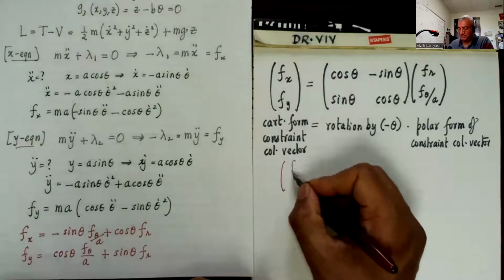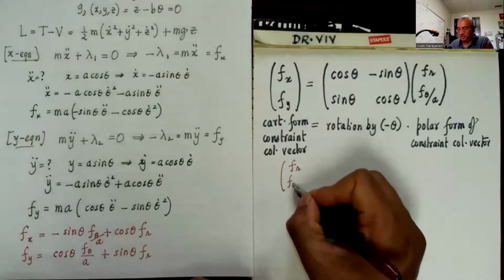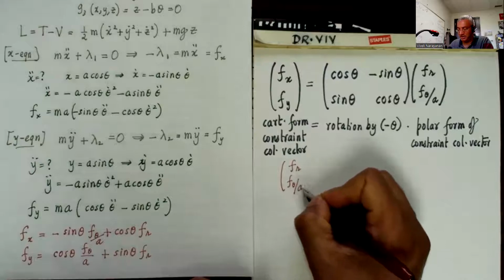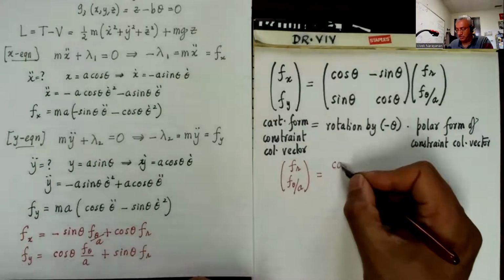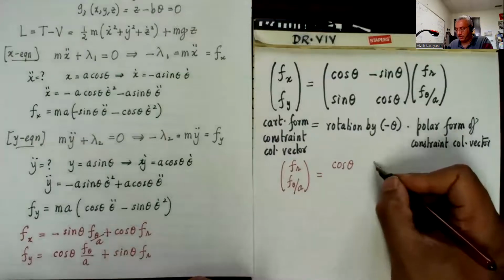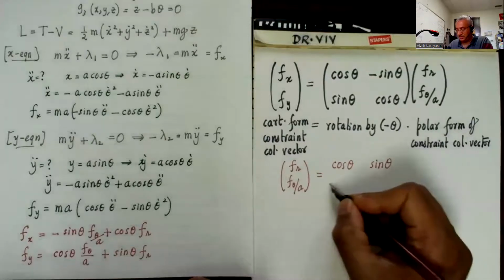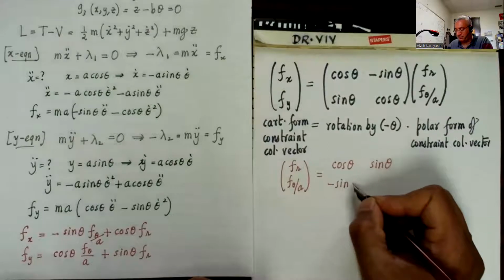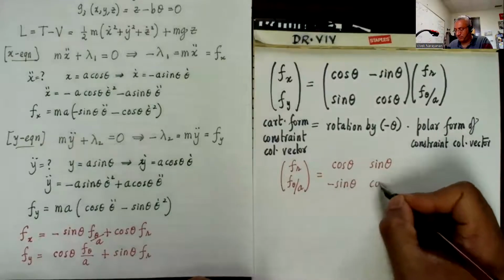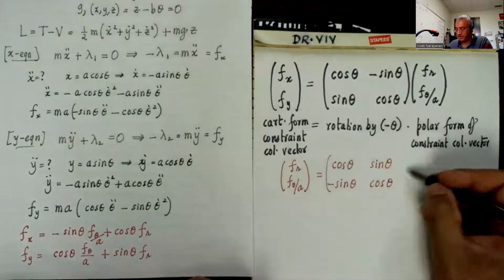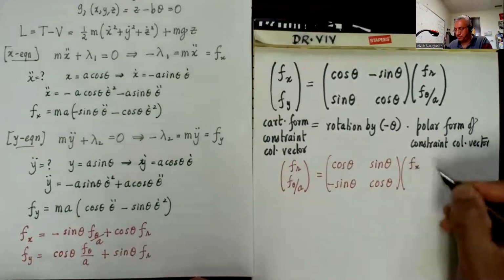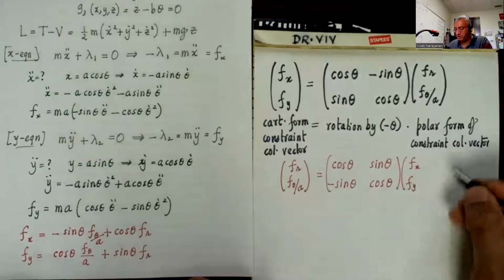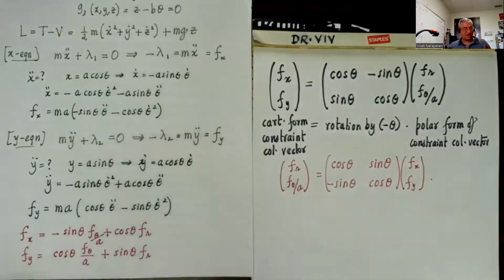So if I want to go from Fr to F theta, how do I do that? From there to Cartesian, I just change the angle by negative. So I get sine theta, negative sine theta. So I just change theta to minus theta and I get my other transformation. So I can go from Cartesian to polar also. So that answers that question.